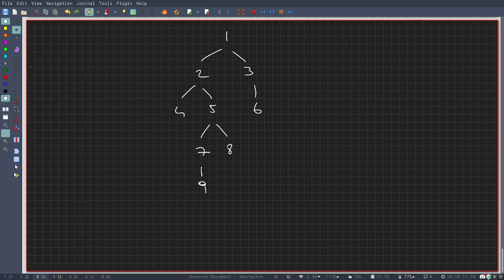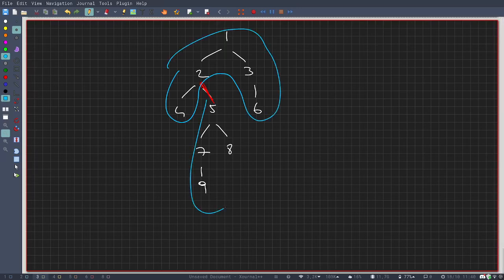For each edge, we want to know how many paths contain it. For example, let's choose the edge 2, 5, okay? And you want to know how many paths contain the edge 2, 5. And yeah, you can get that they are the ones which start somehow here and end here.